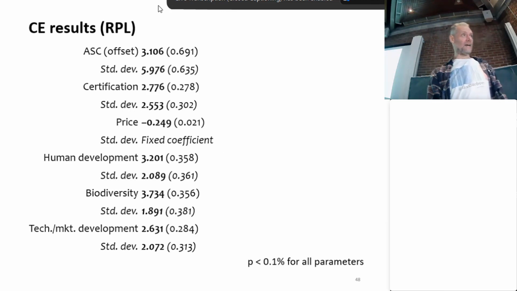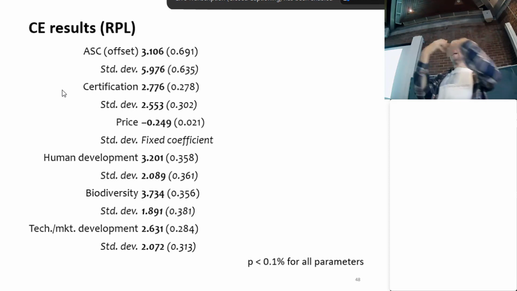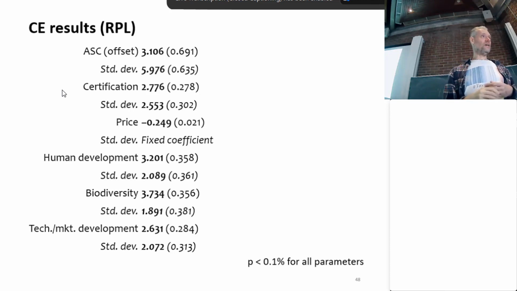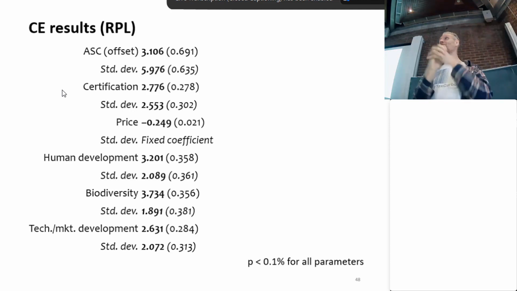So the way these numbers read, the 3.1 is the average willingness to pay per ton of CO2, and the 0.69 that you immediately see behind it is the standard error of this estimate. So this is significant, people are prepared to pay for this.